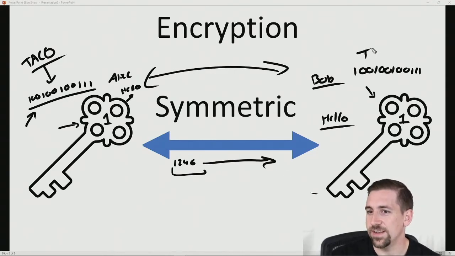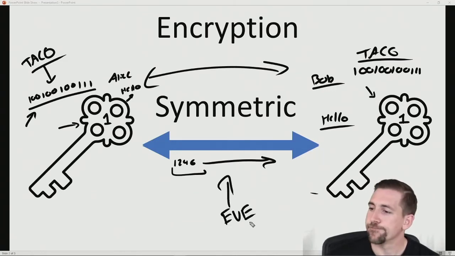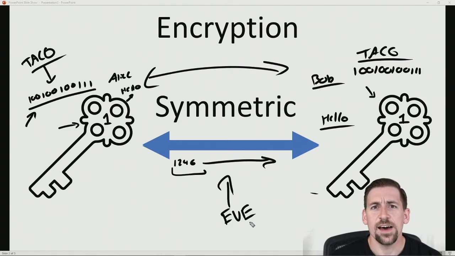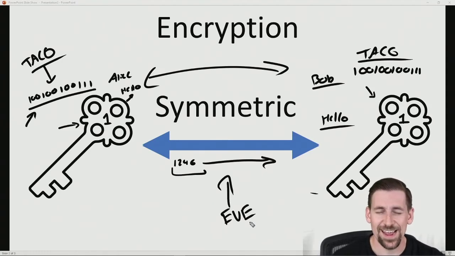Okay, now Bob knows it. But what if Eve is listening in here? Yeah, so this is an issue. We call this in-band key exchange. How do I get this information to you so that we can then encrypt the data and the person listening in on this line won't know what the key is?